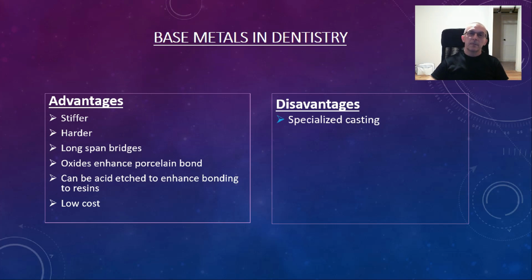Disadvantages: specialized casting techniques. This is especially for titanium. Titanium is super hard to cast. The regular base metals are not as difficult, but still it takes a little bit more finesse to cast them because of the way they melt. They don't melt like gold into a very shiny ball.